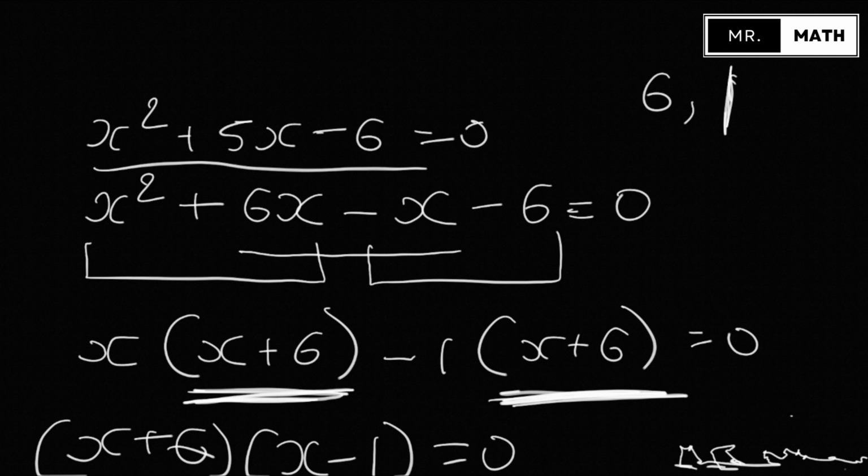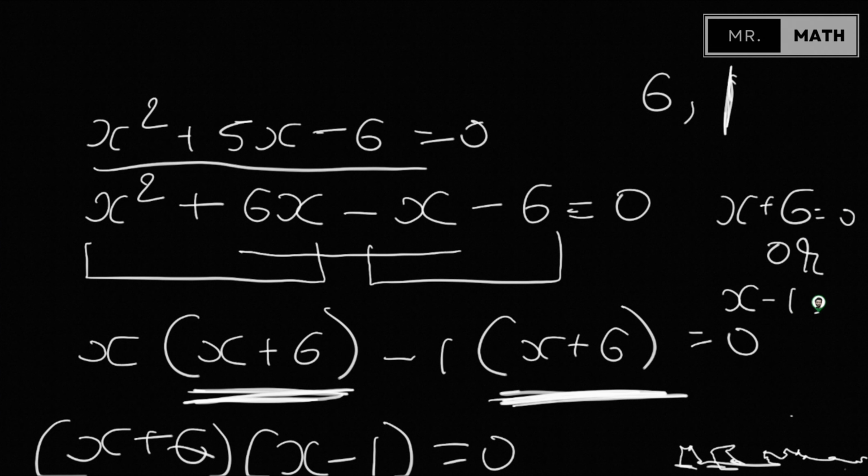So now what are the roots? Can you tell me what the roots are? If x plus 6 into x minus 1 is 0, what can we derive from this? x plus 6 is 0 or x minus 1 is 0, right?